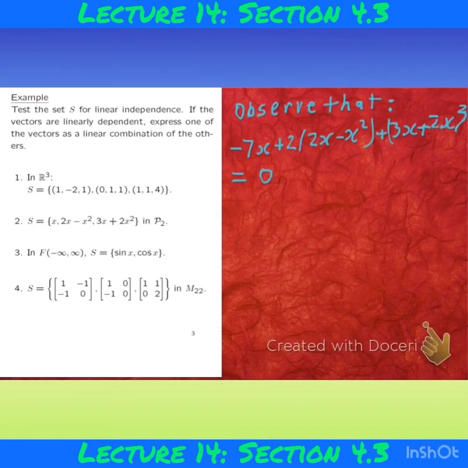So now the question is, is this linearly dependent or independent? So you've got minus 7 there, you've got 2 times that polynomial, and there you've got 1 times that polynomial. Okay, so it's easy to see.